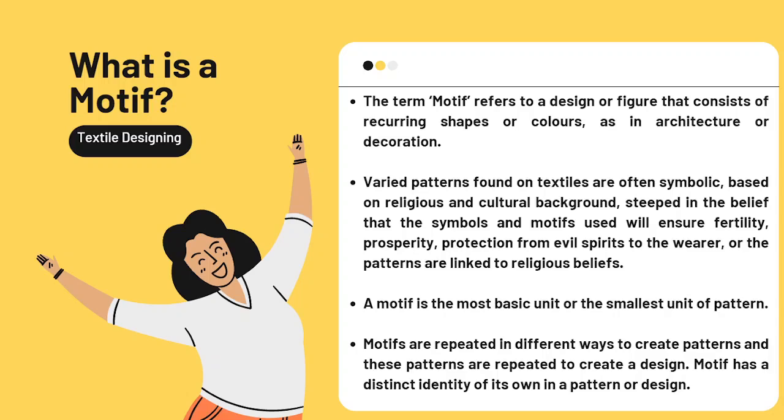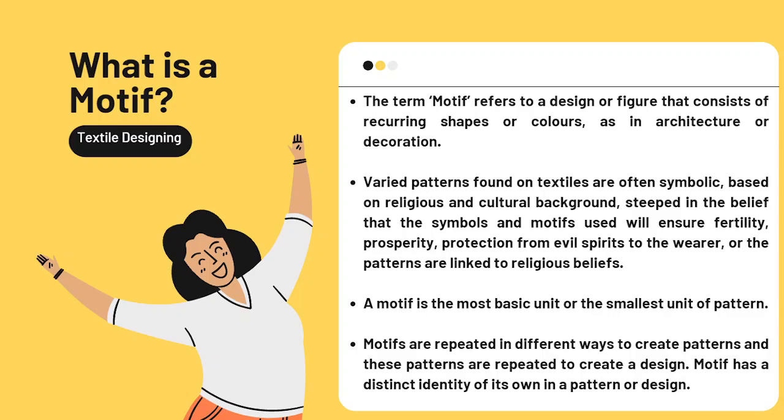Varied patterns found on textiles are often symbolic, based on religious and cultural background, steeped in the belief that the symbols used in motifs will ensure fertility or prosperity, or protection from evil spirits to the wearer, or the patterns are linked to religious beliefs.